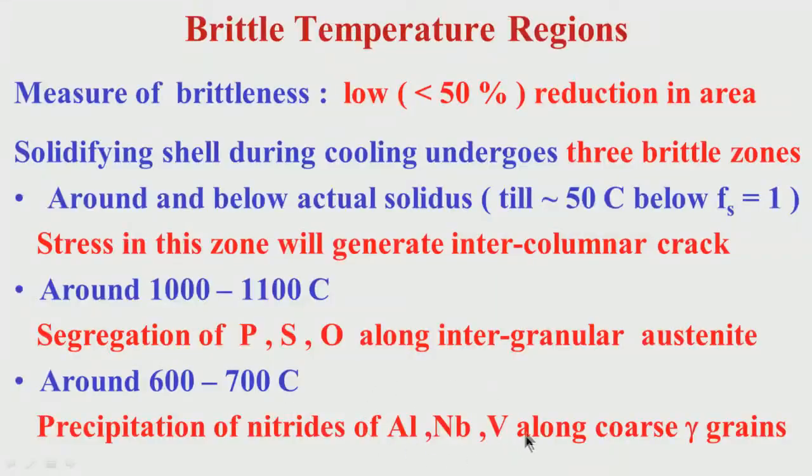So, for the formation of aluminum nitride, niobium nitride, vanadium nitride, if you have coarse grains, the grain boundary areas get relatively more dense because of the formation of these nitrides. And if you have fine grains, the grain boundary areas are quite large, so the density of these nitrides will be relatively less in the fine grain situation. But for the coarse austenite grain situation, you have a relatively higher density of nitrides along the coarse austenite grains.